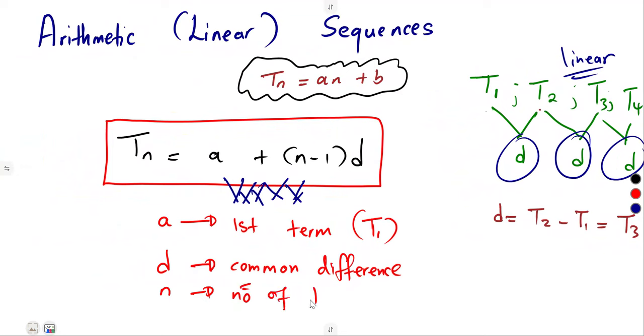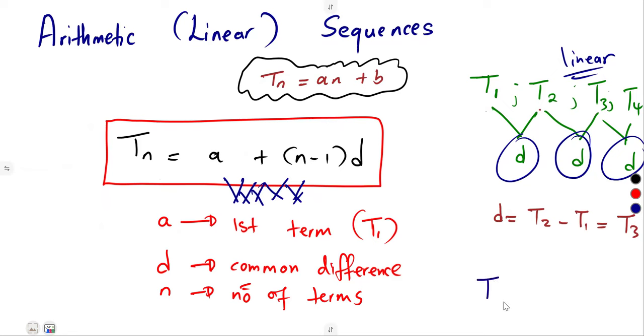Number of terms, giving us the position of the nth term, like is it term 1, term 2, term 3. So what does it mean? If I am given Tn, we are talking about any number of terms.